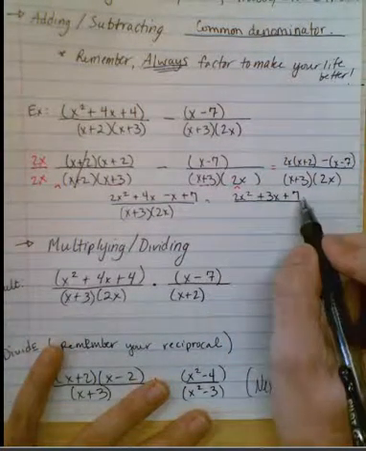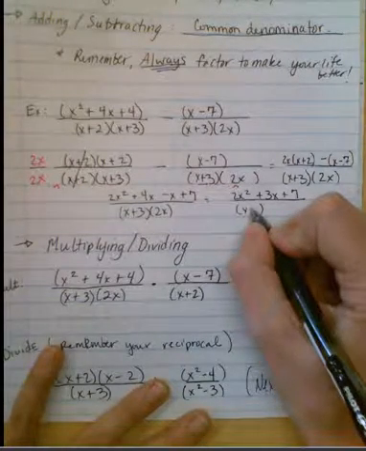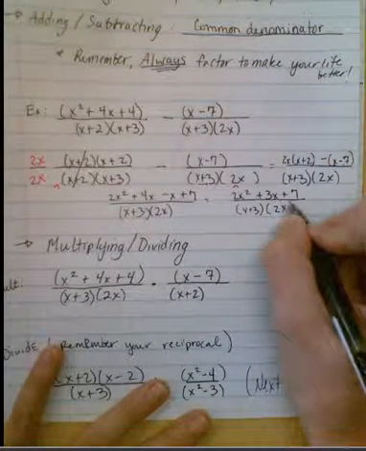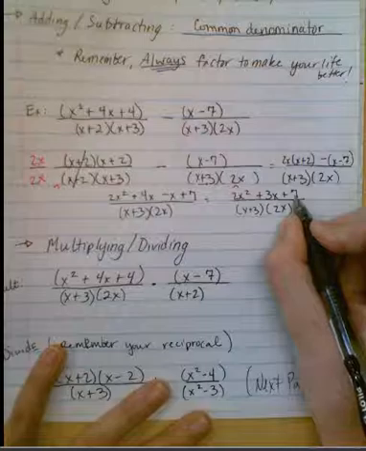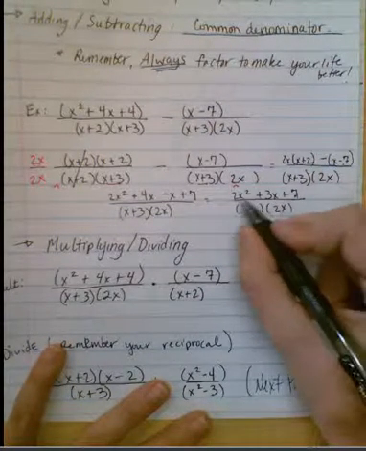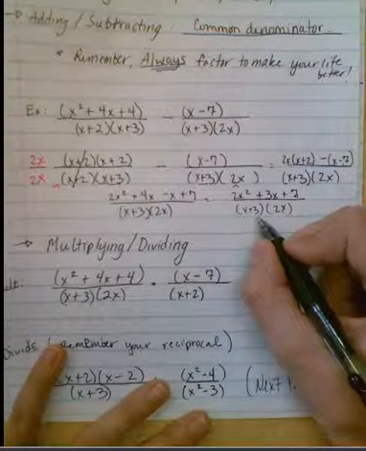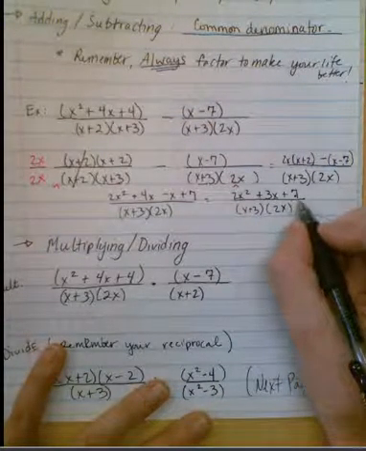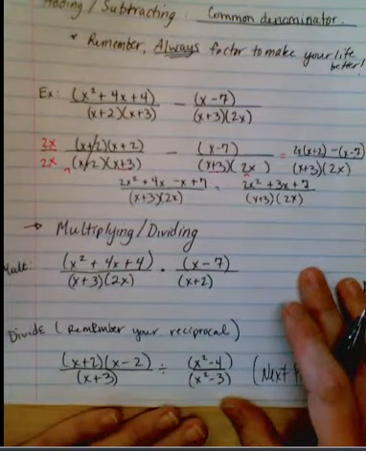And then just real quick, x plus 3, 2x. 2 times 7 is 14. Is this going to factorize into something that's x plus 3? No, so we don't need to bother to factor this out to see if it cancels.